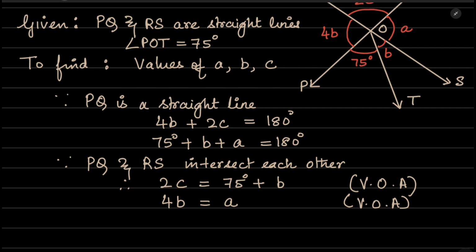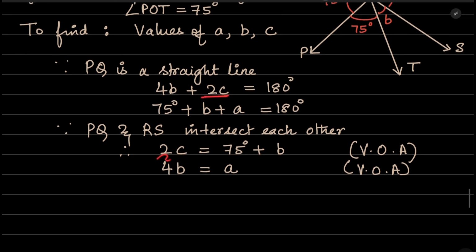Now how will you solve it? Almost you have come to the point wherein you have to solve for A, B and C. Here if you see 2C is nothing but 75 plus B. So let's replace 2C with 75 plus B. Let me write this as equation 1, this is 2, this is 3, and this is 4.